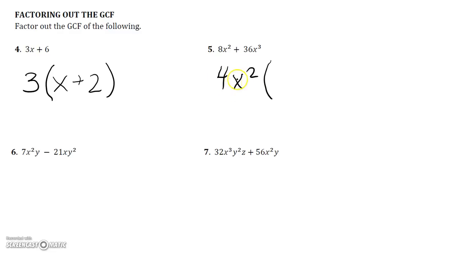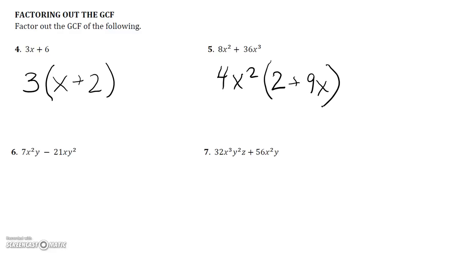When we take 4x squared out of 8x squared, we are just left with 2. When we take 4x squared out of 36x cubed, we are left with 9x, because 36 divided by 4 is 9. And when we take x squared out of x cubed, we're left with just x. And there we go.